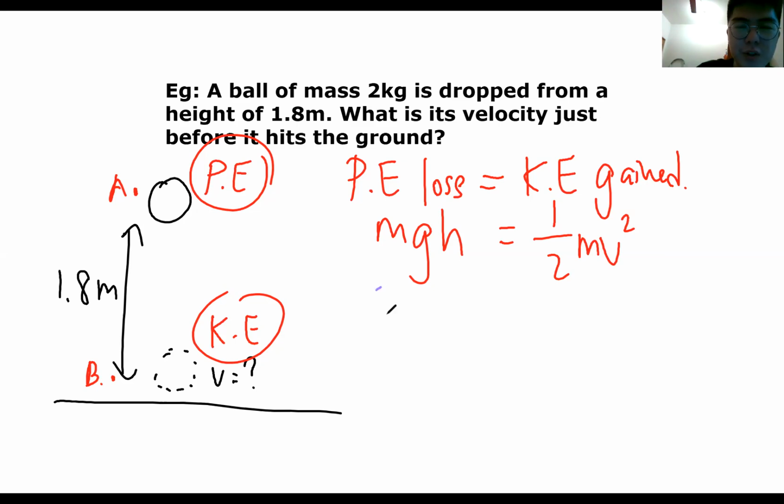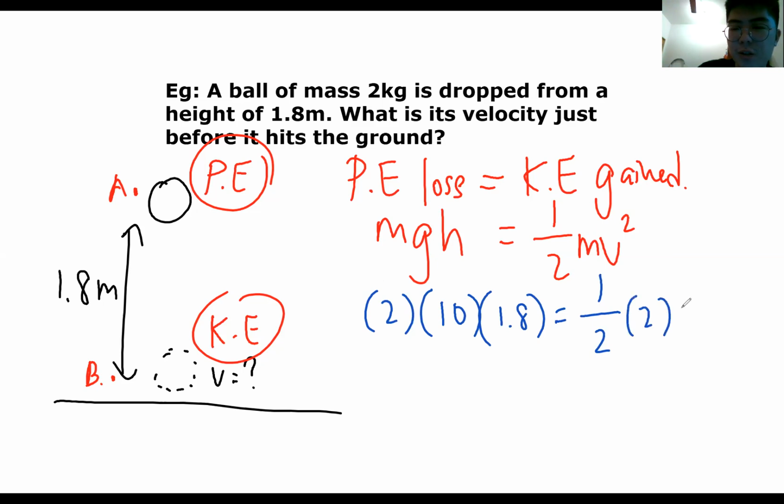So you have 2 kg times 10 times 1.8 equals half times 2 kg times v squared. You calculate 10 times 1.8 times 2, you have 36 equals v squared.